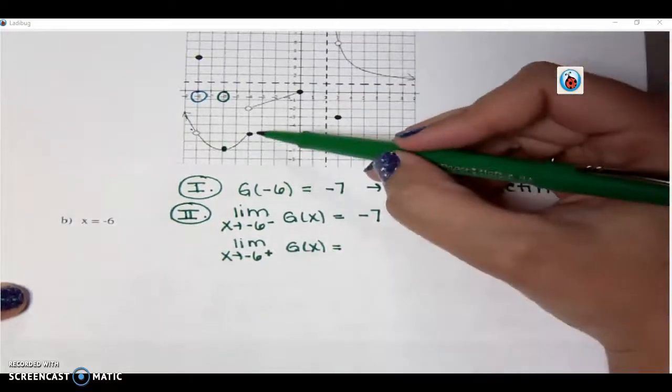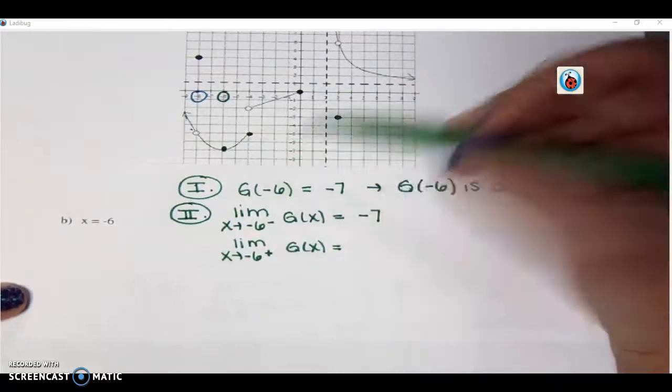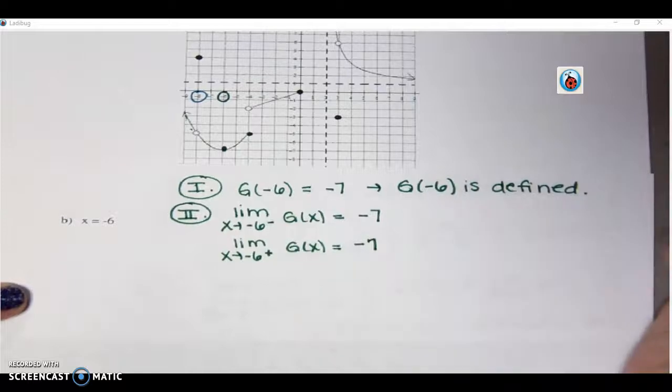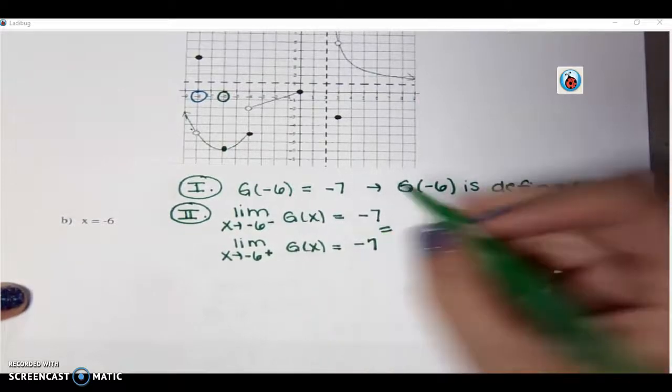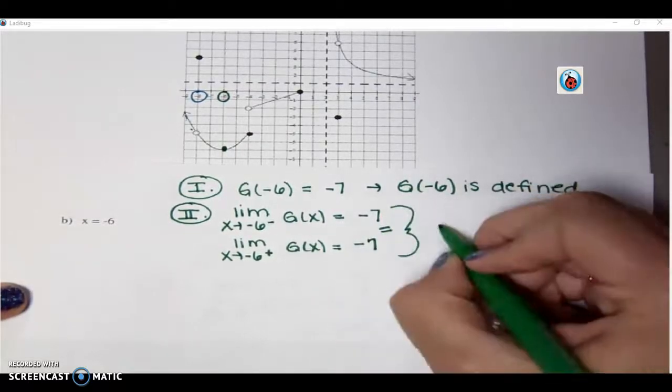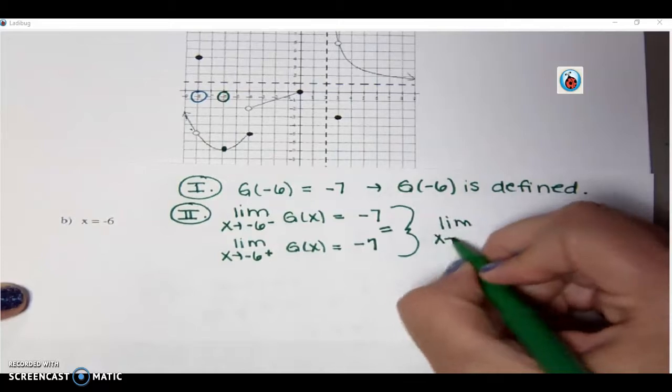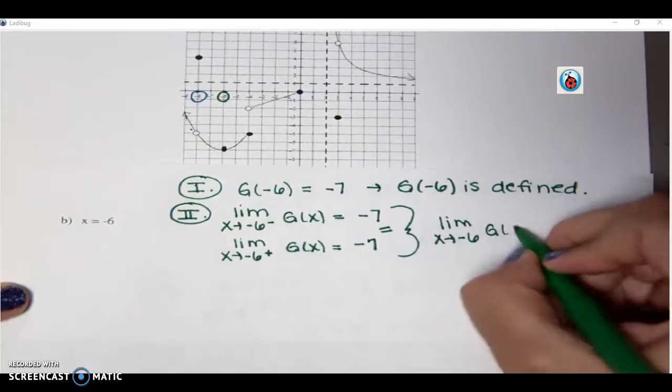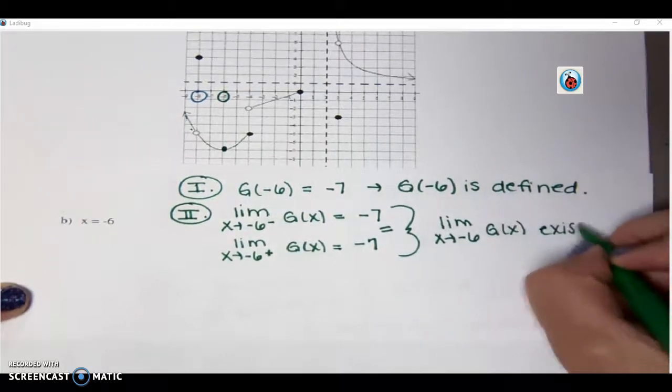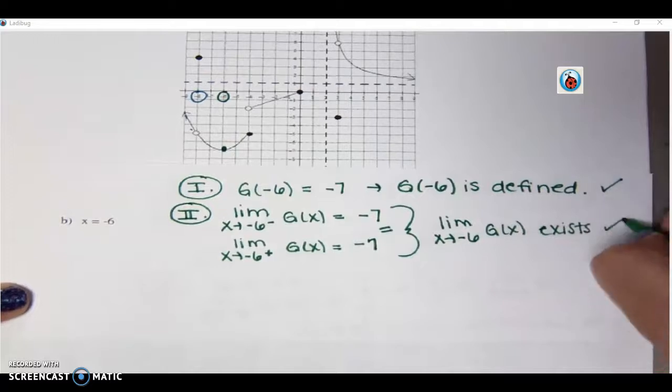As you're coming in from the right side, it's still approaching that y value of negative 7. Because these two limits are equal and they're a real number, we can say that the limit as x approaches negative 6 of g of x exists. So the first and the second parts are true there.